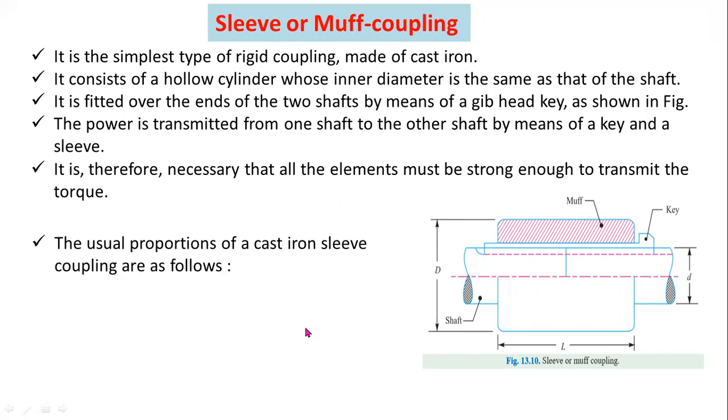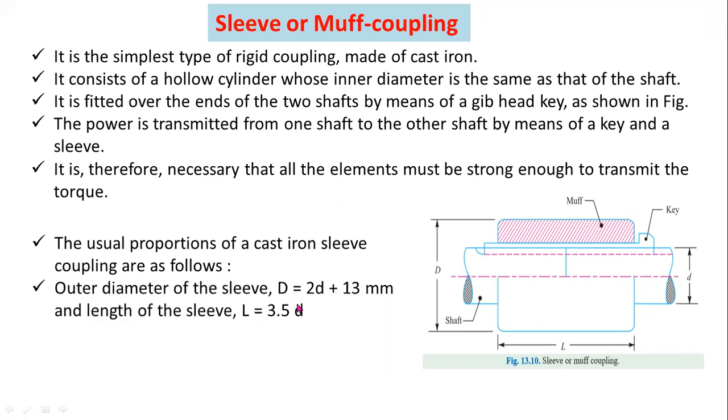The usual proportions of a cast iron sleeve coupling are as follows. Capital D is the outer diameter of the coupling. Capital D equal to 2 times the diameter of the solid shaft plus 13 mm, that is, 2d plus 13 mm is the outer diameter of the sleeve.